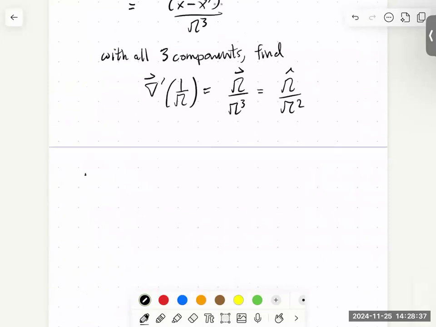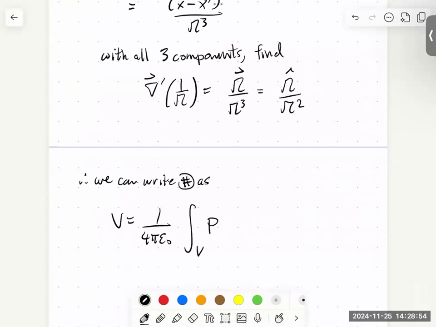So therefore we can write the potential as, well, let's see. 1 over 4 pi epsilon naught, that doesn't change. We still have a volume integral. It was this polarization dot product. Now, here's where the change comes in. And then this is a d tau prime.